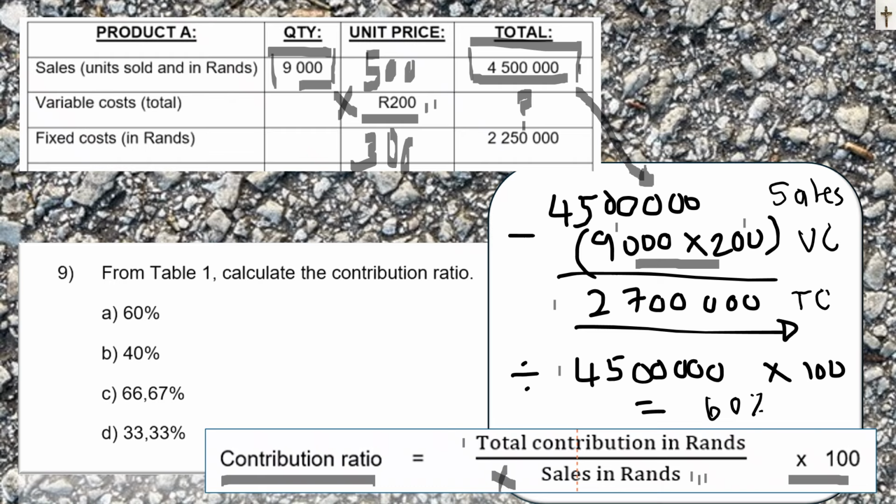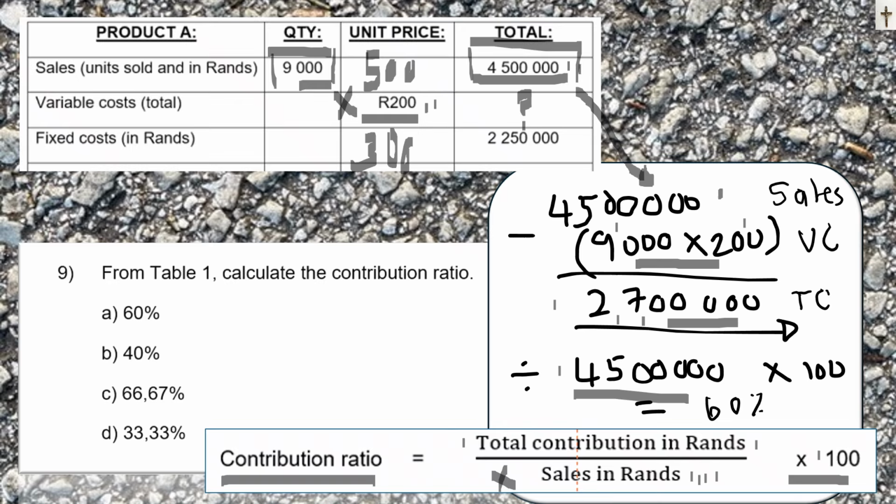So 4.5 million minus the 9,000 times 200 is equal to, and this here is the total contribution in rands, 2.7 million. Then it says divide by the sales in rands, which is 4.5 million, and multiply by 100.